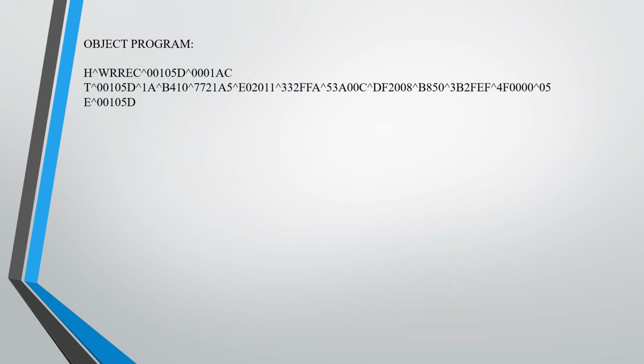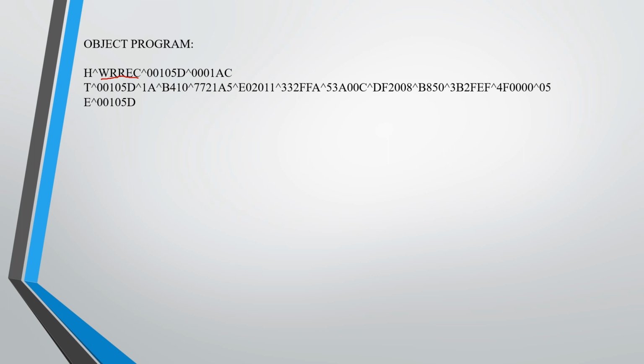And now we have to find the object program. We'll take H, which is the header, and we'll write the name of the program, that is WRREC. Then the starting address of the program, which should have 6 digits only, that is 00105D.